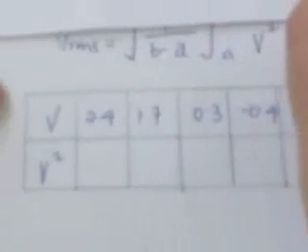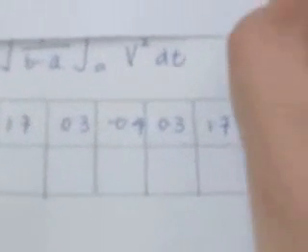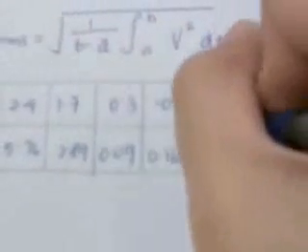So put in the values of V, and to find V squared, we just square the values of V. Take note that when you square minus 0.4, it equals positive 0.16 and not negative.